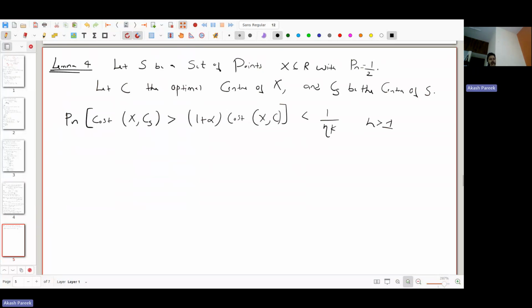So this probability is very small. We assume this lemma to prove our main theorem now. The main theorem that we want to prove is the following.